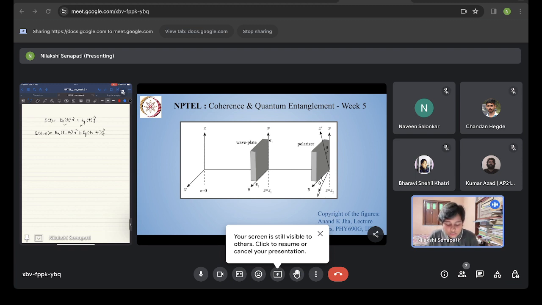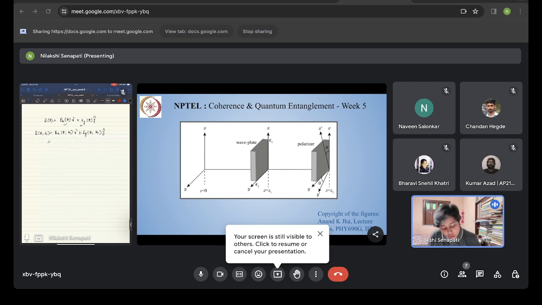That means it will add some phase, because we know what a wave plate and a polarizer are. If you do not have the idea of how to represent this electric field in terms of a tensor or matrix, it will be very helpful if you learn that.